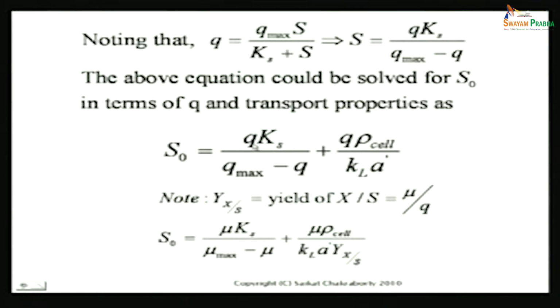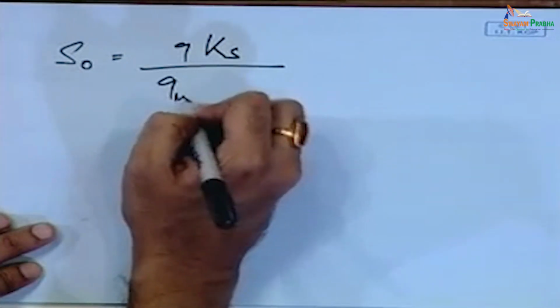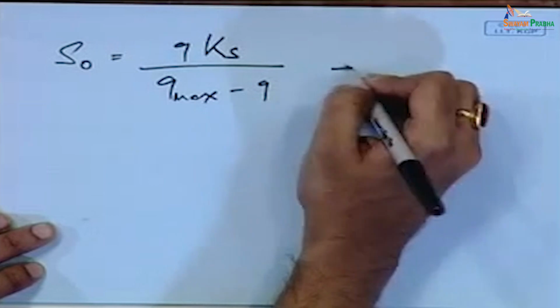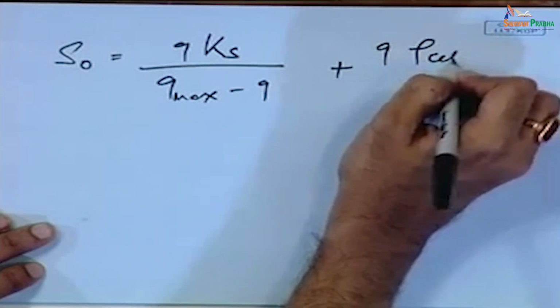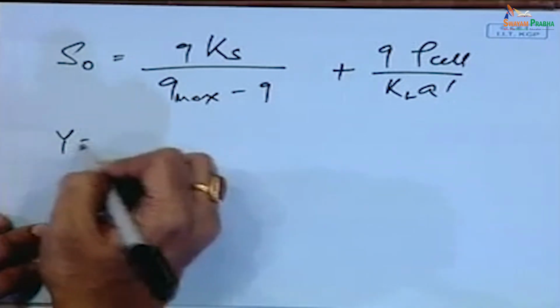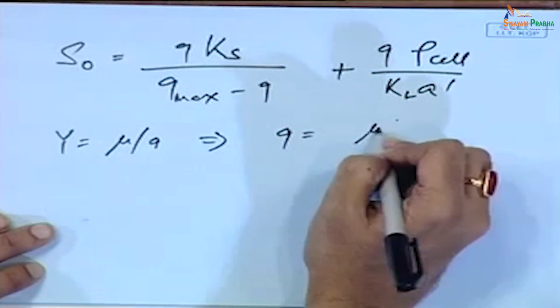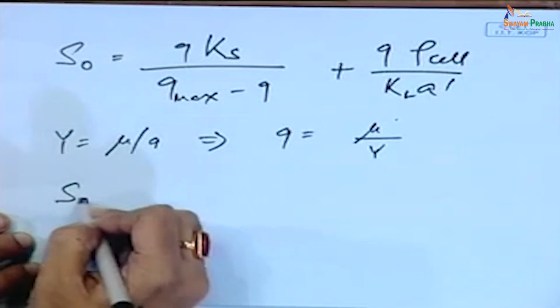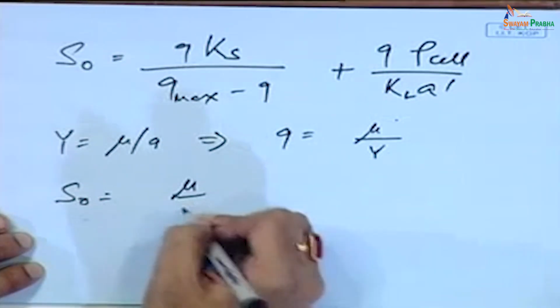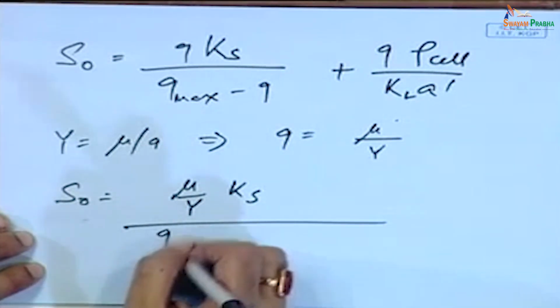So then let me use the pen here and I'll explain. So S naught here, Q Ks, Q max minus Q plus. So Y being mu over Q, which means that Q itself is mu over Y. So S naught then becomes mu over Y times Ks. Y is a number, remember, it's not a variable, just a number.